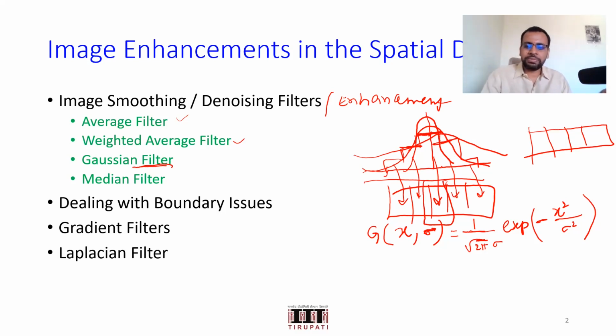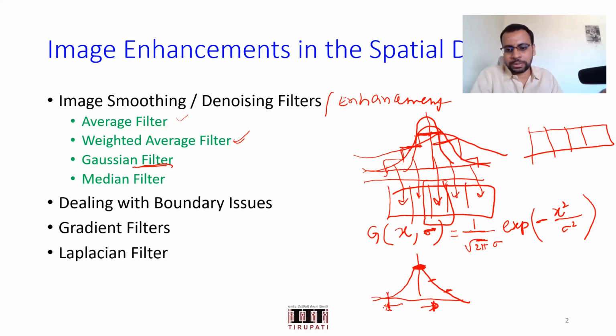It's a different weighting that you are in fact giving. It's a special case of a weighted average filter. You could see at the center there is a very large weight. As you move away in this direction, the weights reduce, and beyond a particular point, the weights become negligible.